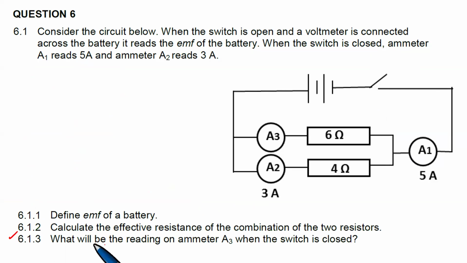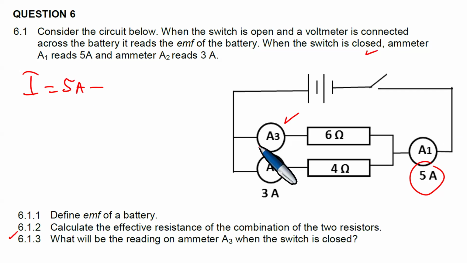Now let us look at 6.1.3. What will be the reading on ammeter A3 when the switch is closed? We agreed that the switch is closed. We know the total current through A1 is 5 amperes.